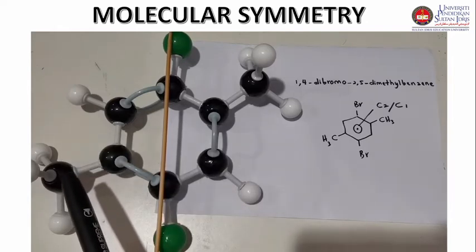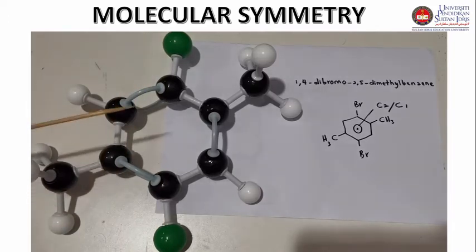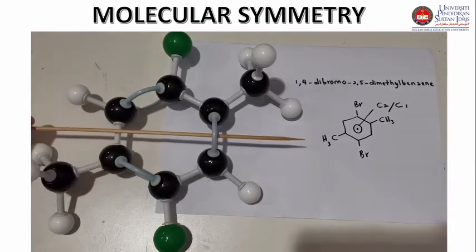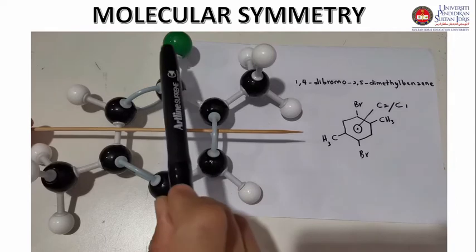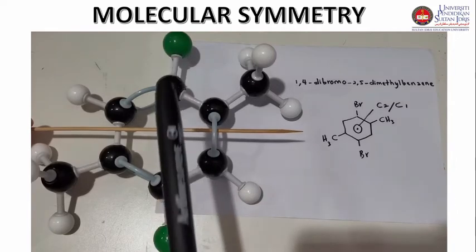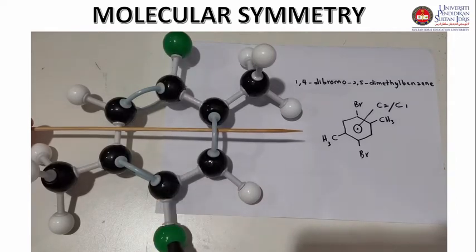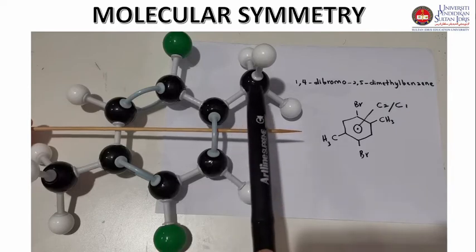If we check along this other axis, this bromine atom replaces the other bromine, which is equivalent, but the methyl group and hydrogen atom are not equivalent.